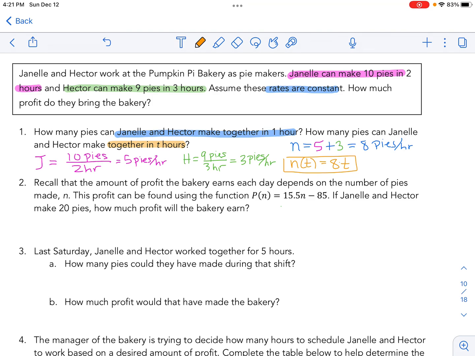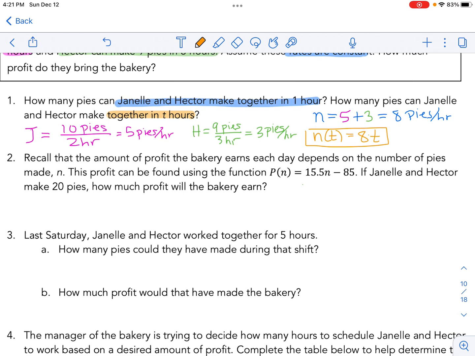So we're going to use that function, and we're going to continue to extend this storyline, or this contextual application.